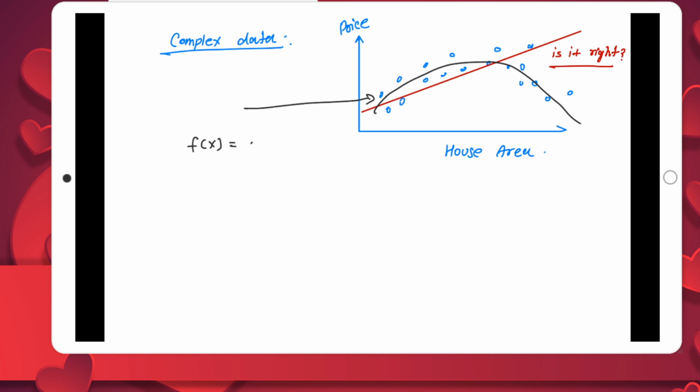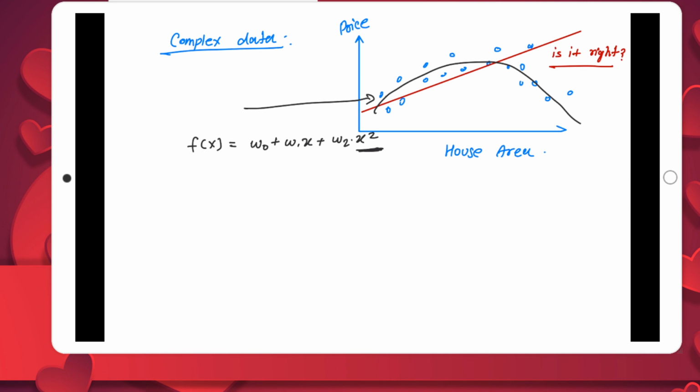This new f(x) will be w0 plus w1 into x plus w2 x square. All right. So in this case, what happened? Now we have a polynomial fitting. This polynomial fitting makes sure that we not only fit a linear line, but also a polynomial fit so that it can fit properly.